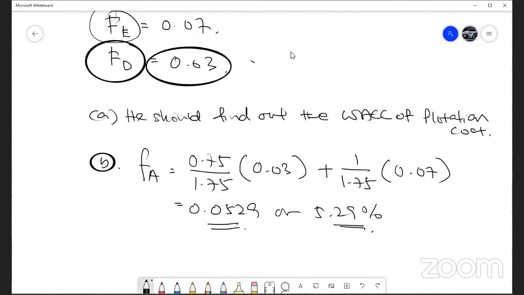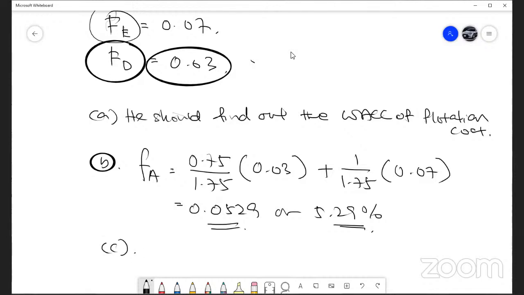Flotation cost here means the cost of floating. So you want to calculate how much the $20 million becomes at the end of the day. Very simple.